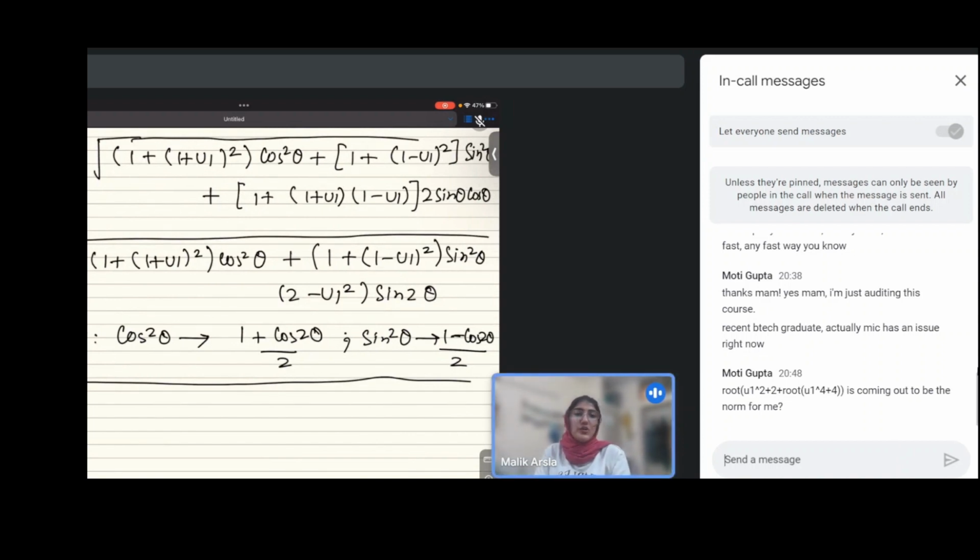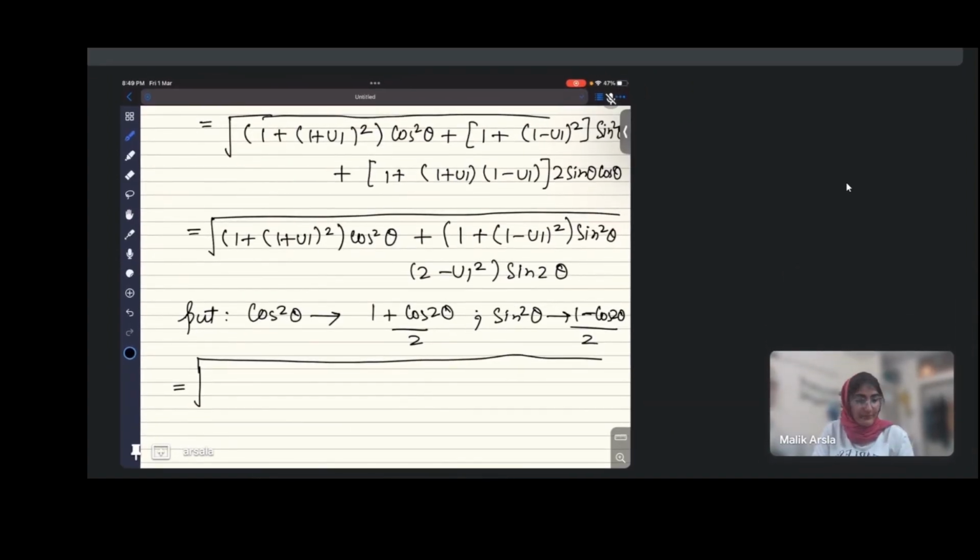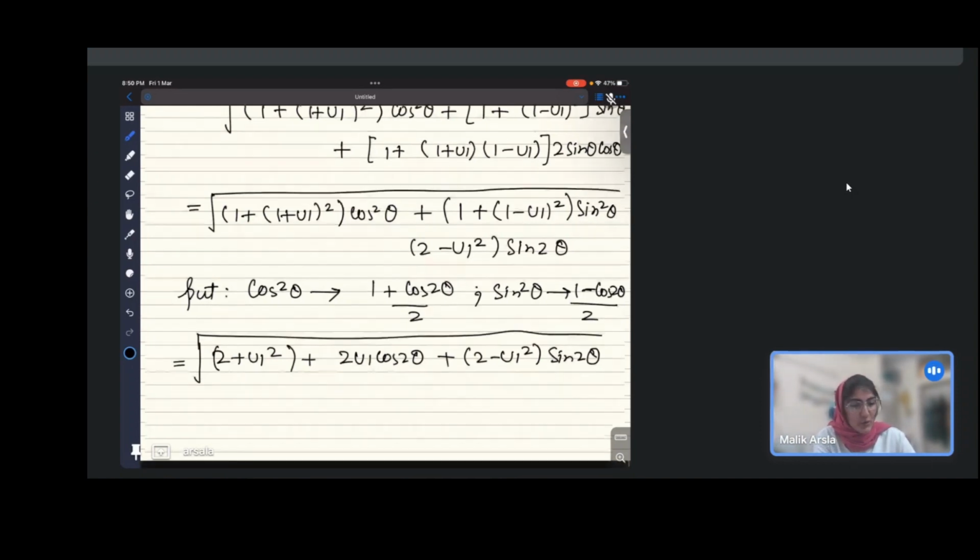Others also try to solve it quickly. See, this will become something like 2 plus u1 square plus 2 u1 cos 2 theta plus 2 minus u1 square sine 2 theta. Now 2 plus u1 square will remain as it is. This cos 2 theta and sine 2 theta term you can maximize.